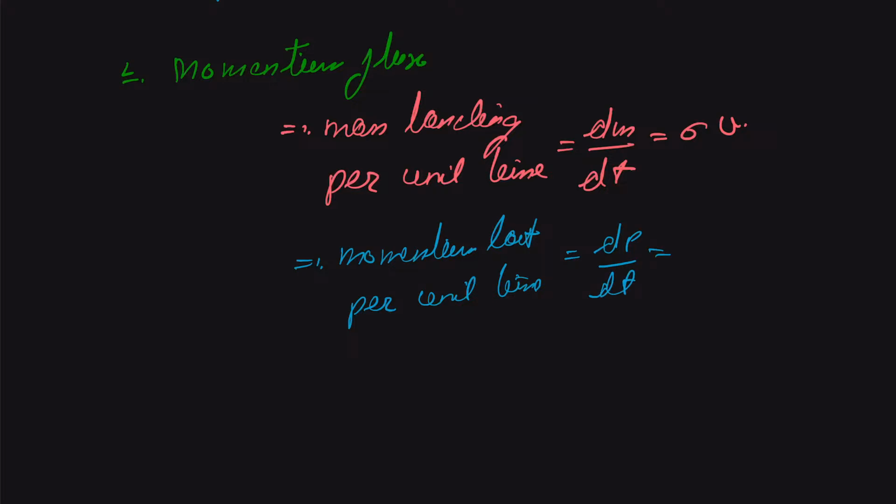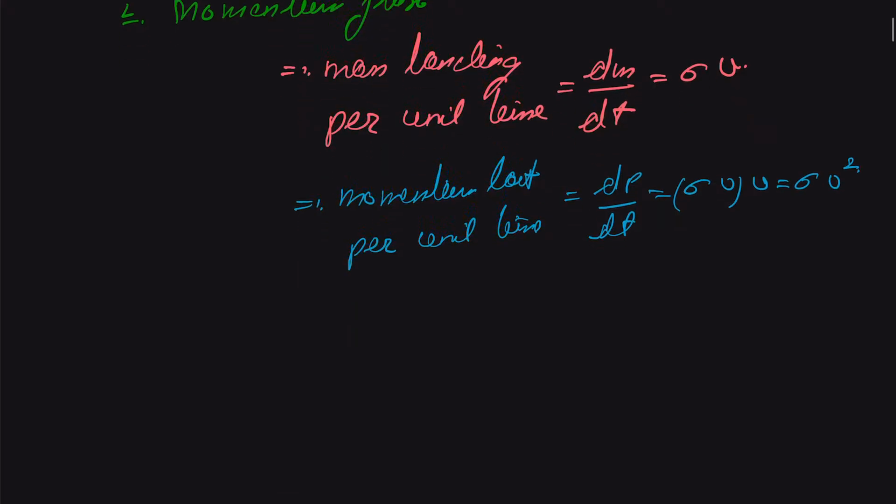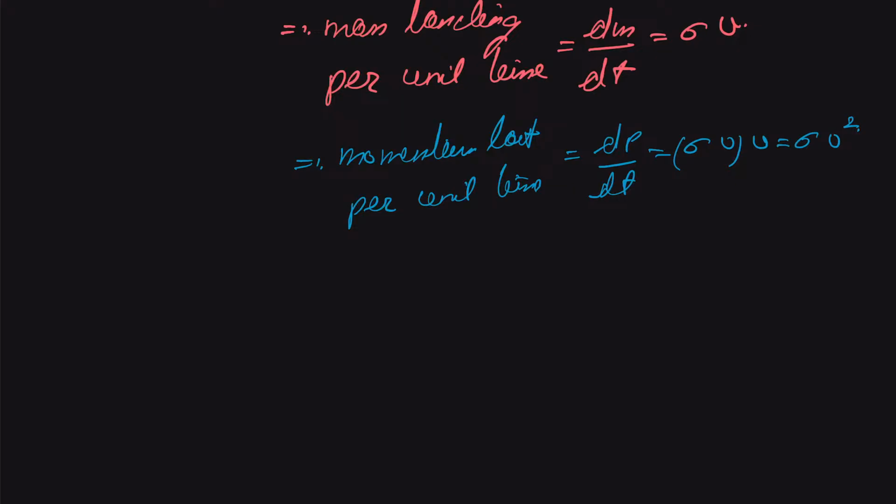And momentum lost per unit time will be equal to our dp by dt, and that will be equal to this rate of change of the mass multiplied by the velocity. So this is sigma v square. And we know that this rate of change of momentum is also a representation of force.